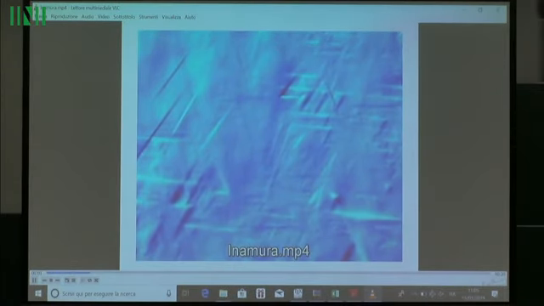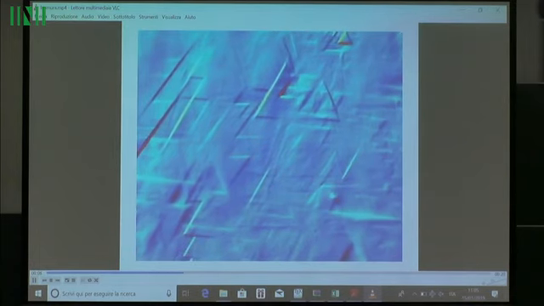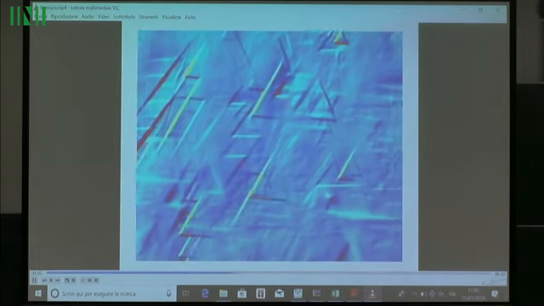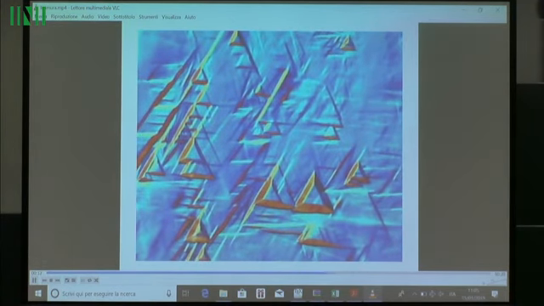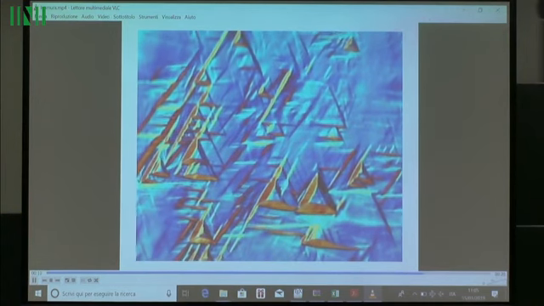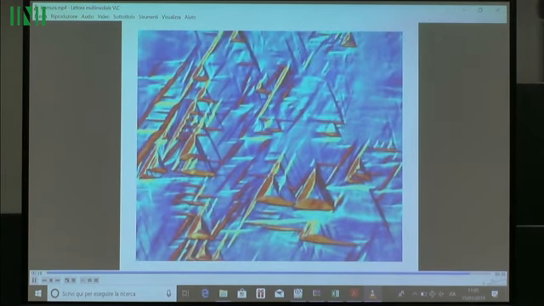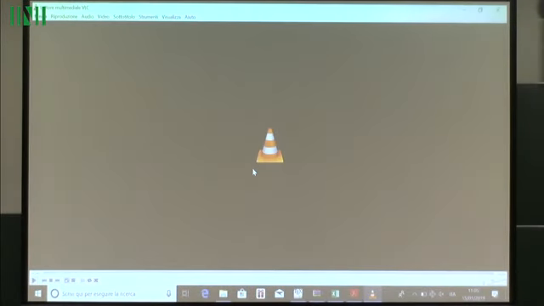This is an experiment by Tomonari Namura, and this material is similar to the one about which I showed the complex microstructure at the beginning. But you see there are different variants of martensite nucleating at different points of the domain and expanding, but there's no real change in the microstructure in these islands of martensite.